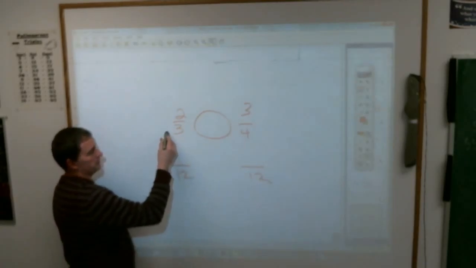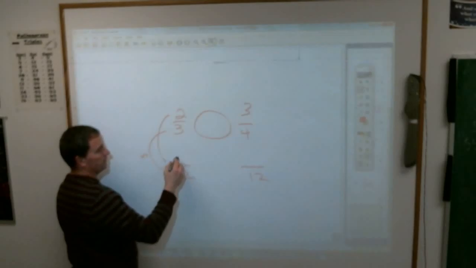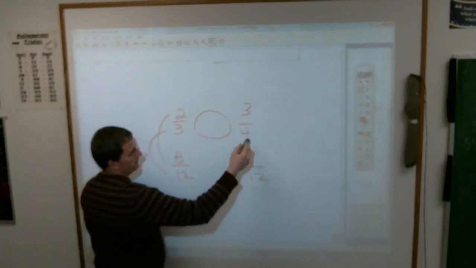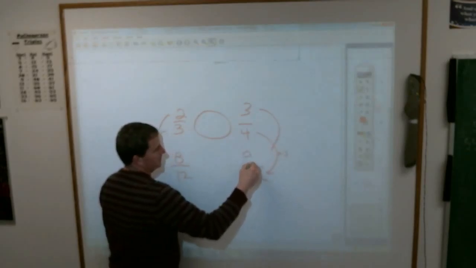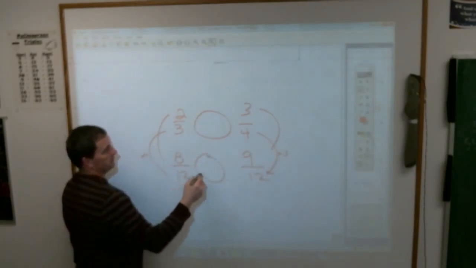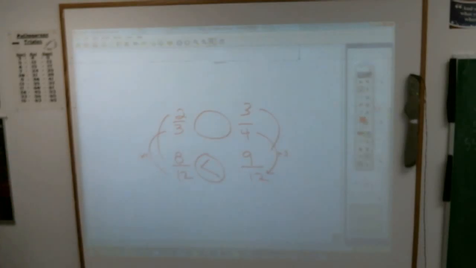And again, both of these are going to change. 3 times 4 is 12, so 2 times 4 is 8. 4 times 3 is 12, so 3 times 3 is 9. And which one is bigger? 9/12. So no more do we draw pictures. I apologize for the redundancy, but that's just the way it works.